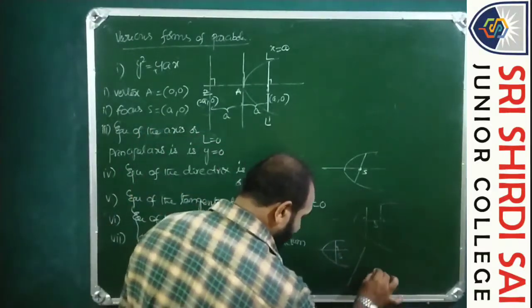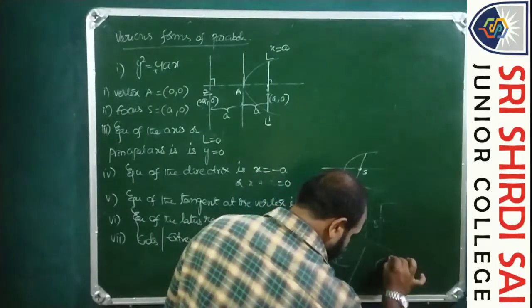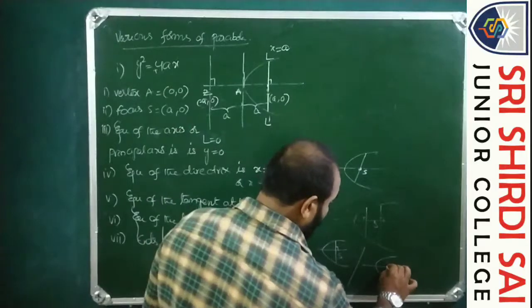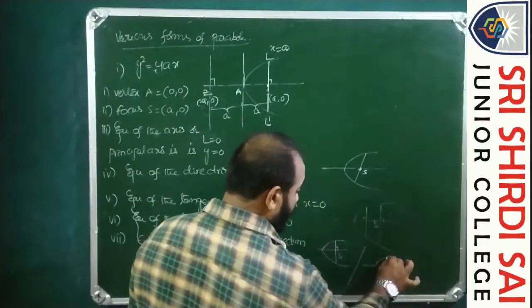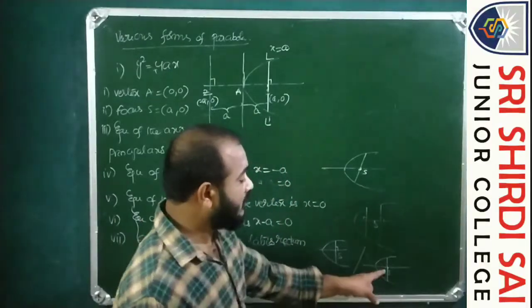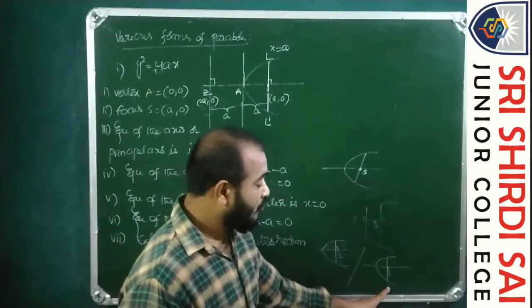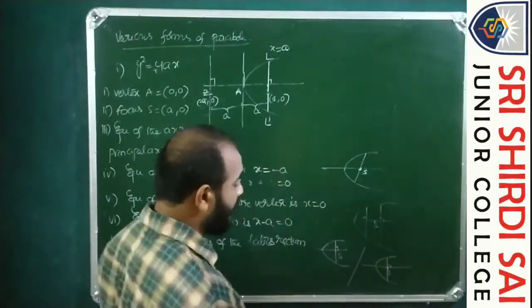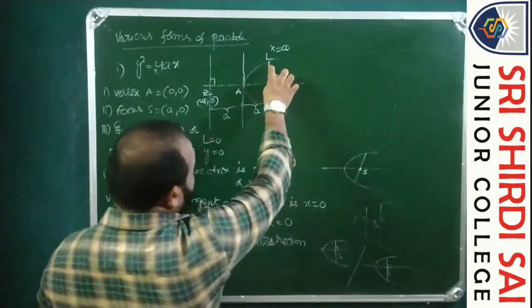Or in another way, this is the parabola, the principal axis, and the focus. Now this is the focal chord, because it is passing through the focus and perpendicular to the principal axis.